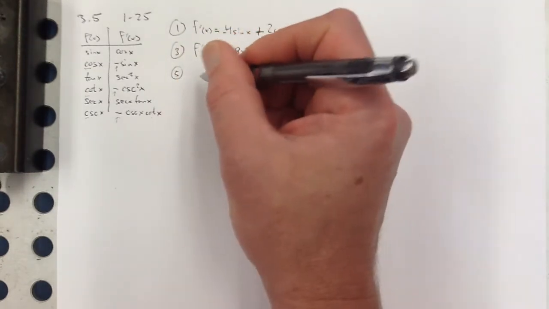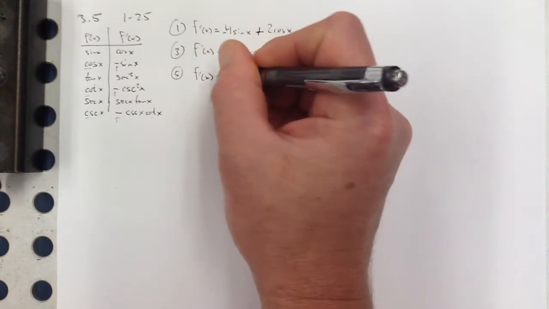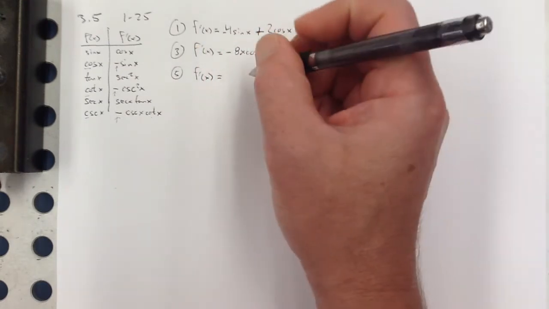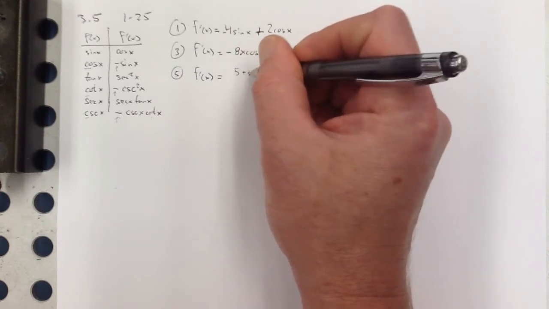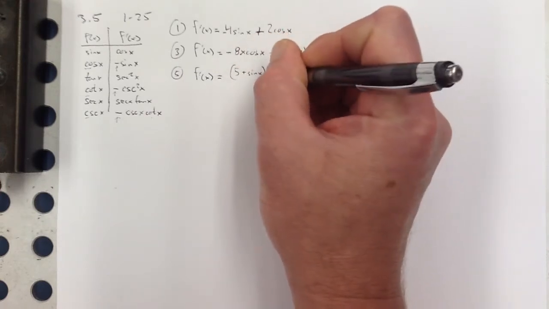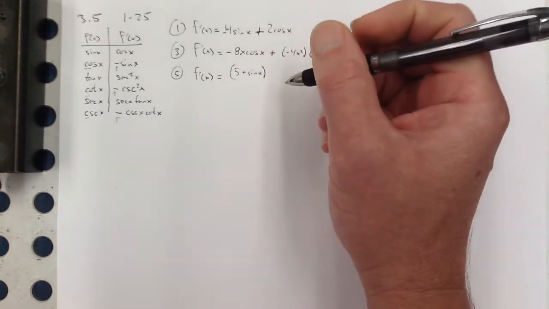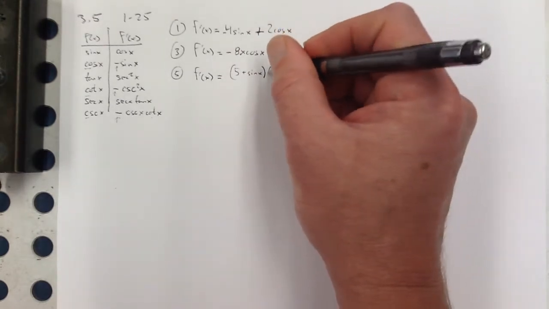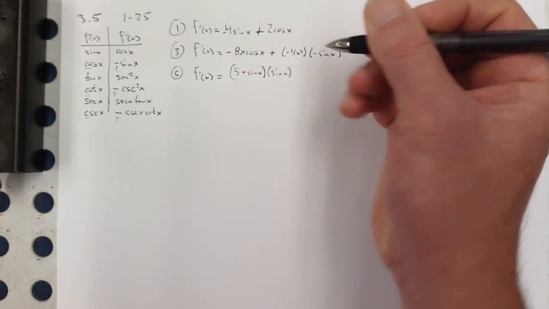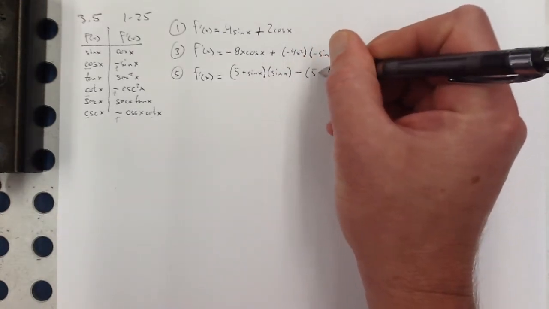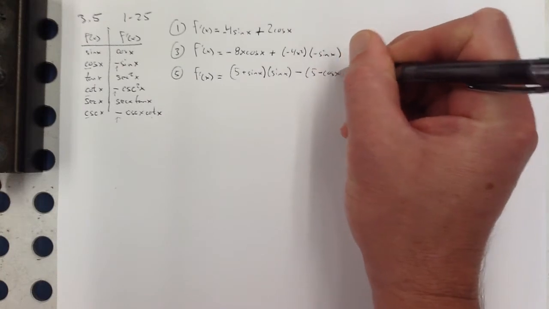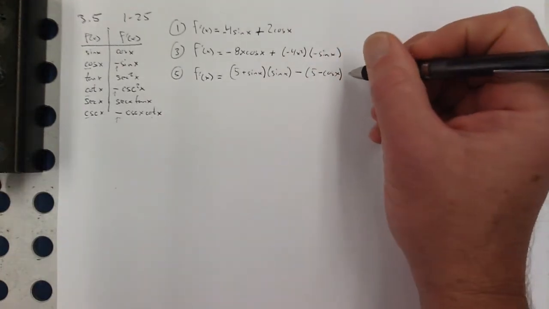Number 5, looks like I got some quotient rule. That's going to be, let's see, low d high, the derivative of the 5 is 0, the derivative of minus cosine is positive sine. It's low d high minus high d low.